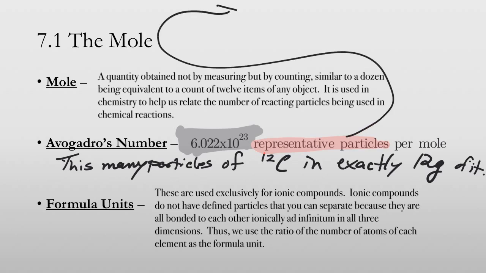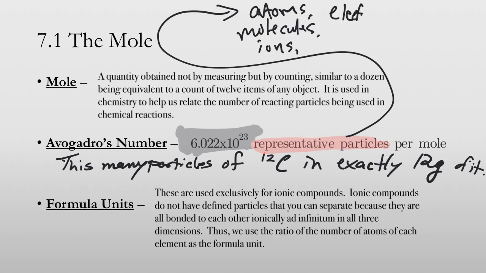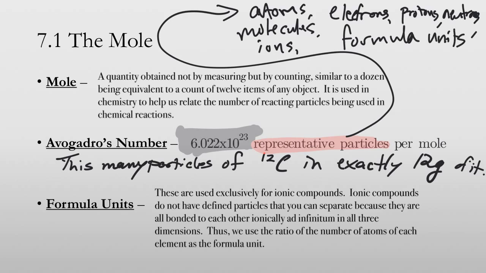So you could have it be atoms, molecules, ions, electrons, protons, neutrons, so on and so forth. But it could also be something called formula units. Technically, it could be anything. But formula units are used exclusively for ionic compounds.